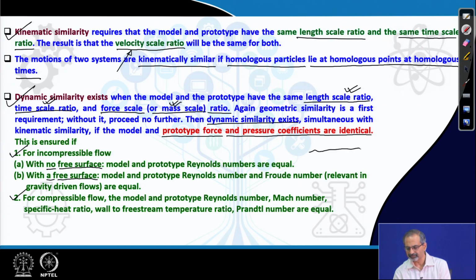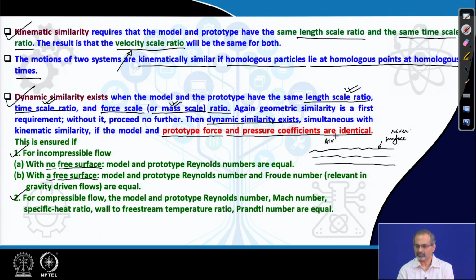Let us say you have a river flowing, and when you watch the surface of the river, above it you see the ambient air. The surface of the river deforms. This is an example of a free surface.